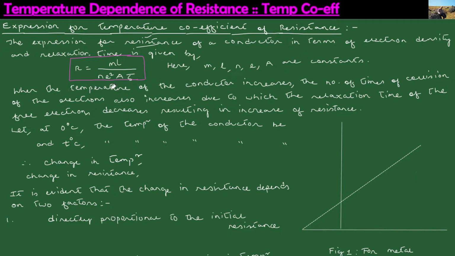Now we know that as we supply electric current to a wire, there will be a potential drop across the two ends of the wire, and simultaneously there will be a temperature rise experienced by the conductor, like when you touch an electric bulb.